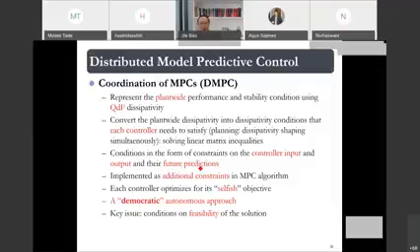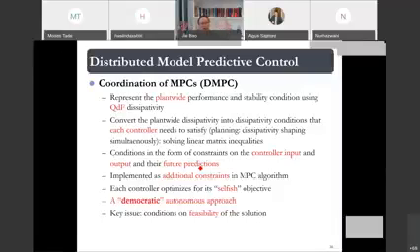In this case, we basically need to solve the dissipative condition for each subsystem or controller. But remember, the plant-wide supply rate is a linear combination of the supply rates of individual process units and individual controllers.